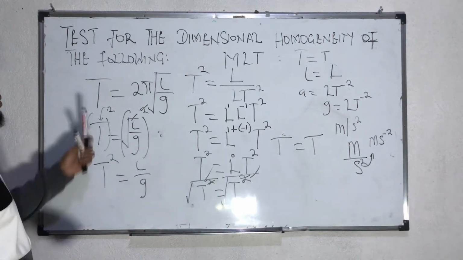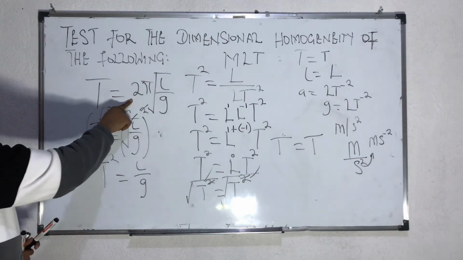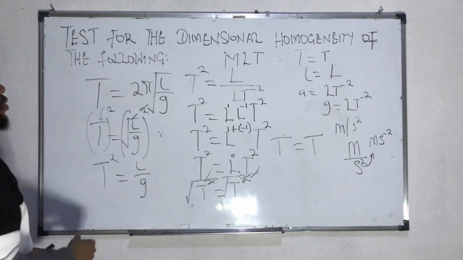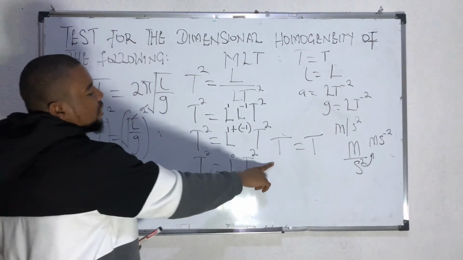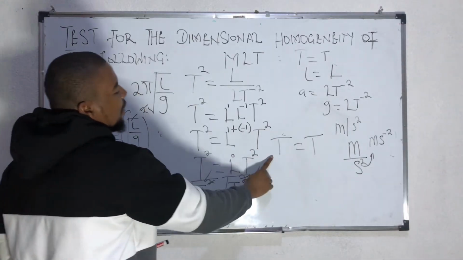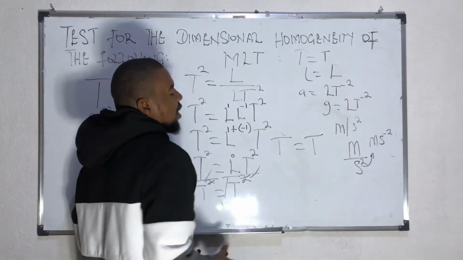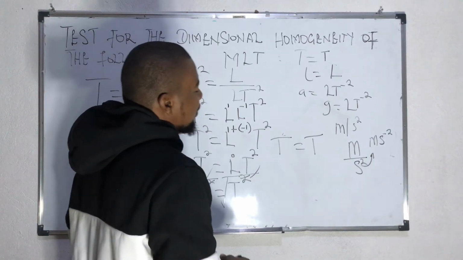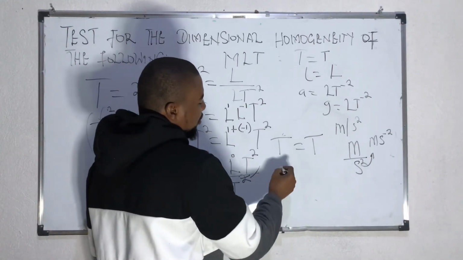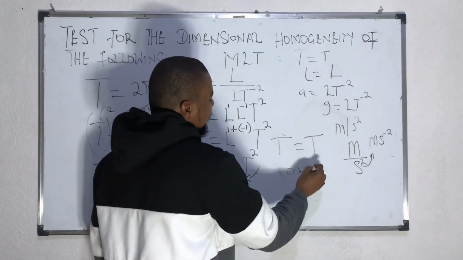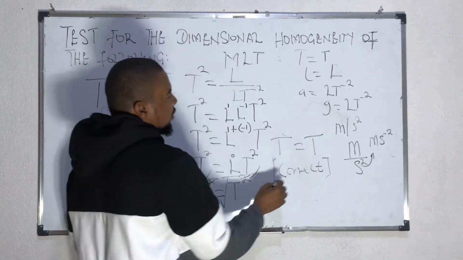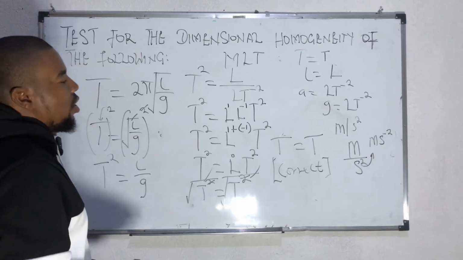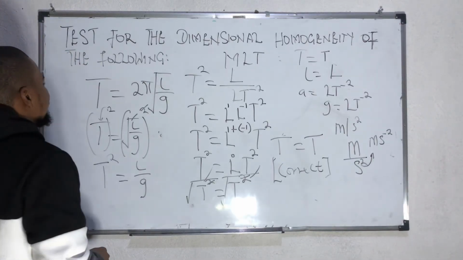Because we started from t equals 2 pi multiplied by the square root of L over G, and we've simplified it to this point. We've reached the point where the left-hand side equals the right. Therefore, we can now say that this physical relation is correct. Okay, so this is correct based on the principle of homogeneity.